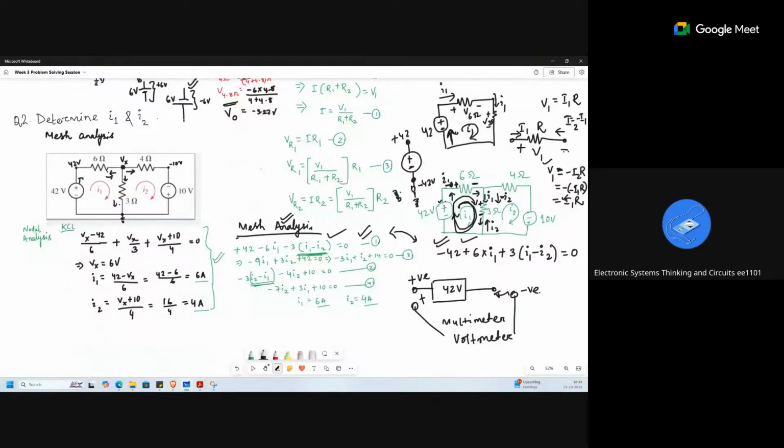Then only you can see that across this battery 42 volt is appearing. Otherwise, it will not give you the value.